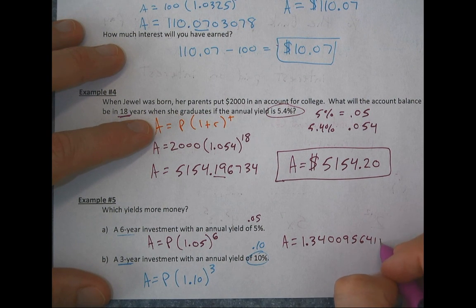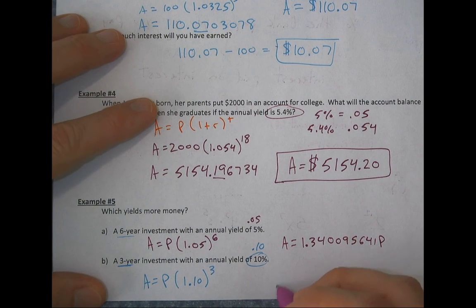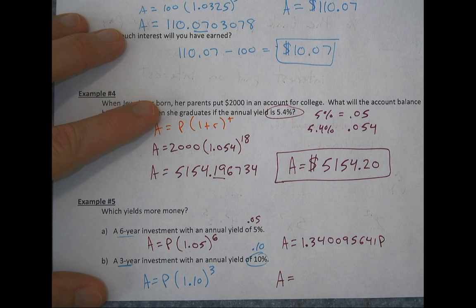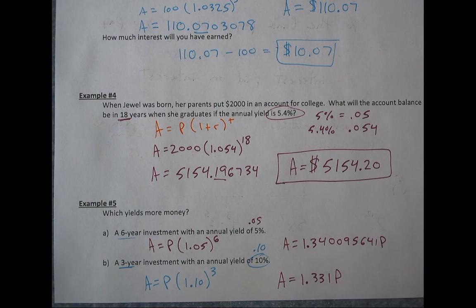And we still have that P. We're just going to leave it there on the end. Whatever your principal is, it's getting multiplied by this number. And over here, if you raise 1.1 or 1.10 to the 3rd power, you just get 1.331 P. And so when you go to compare, it's not about which one is a longer decimal, right?